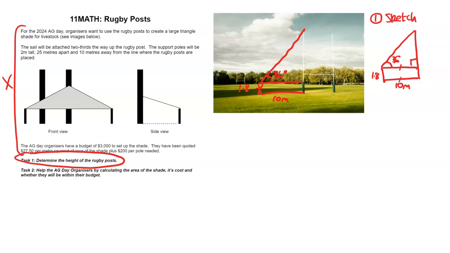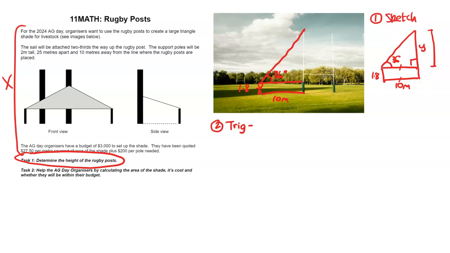The second thing I'm looking to do is use trigonometry to find out, I'm going to call it y, the y side of the triangle, which represents from my eye level to the top of the rugby posts.